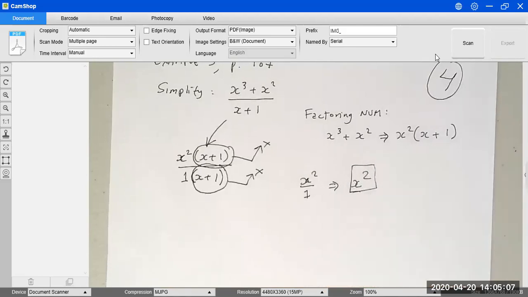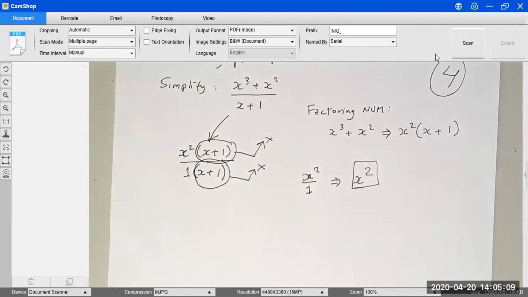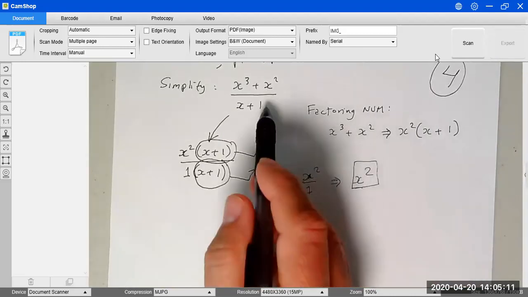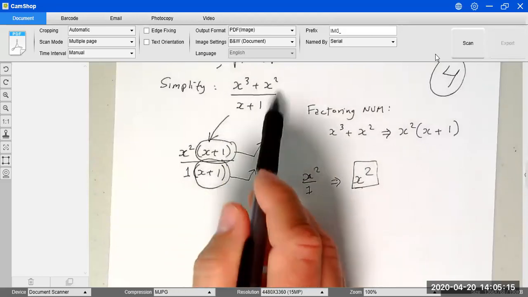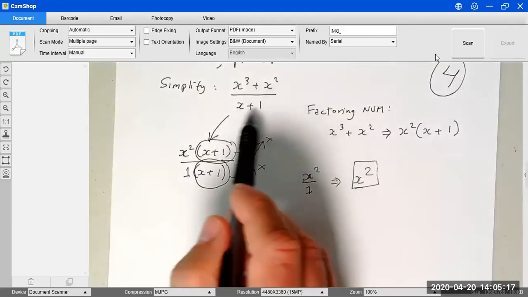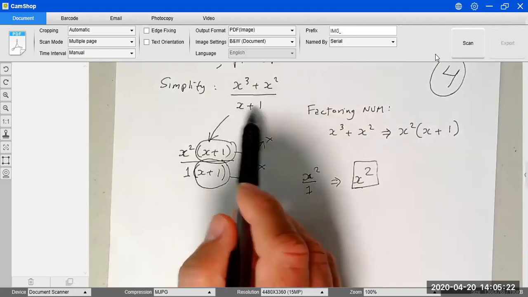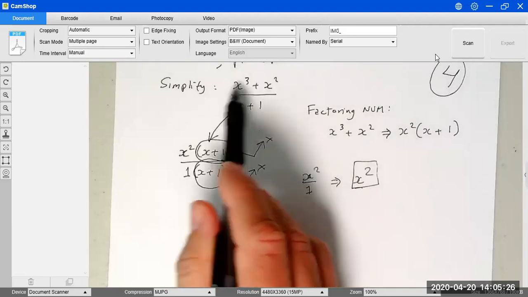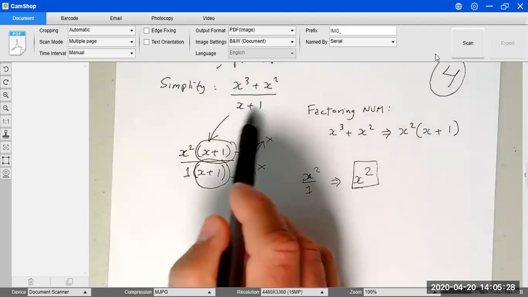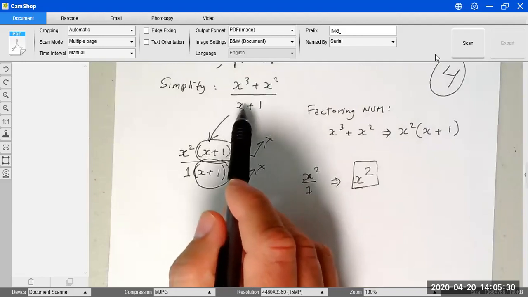So that's the simplified version of the original rational expression. You can see here that the original rational expression cannot take a number. What number? It cannot take -1. -1 is a restriction because -1 plus 1 is going to be 0 here, so it's going to make this rational expression undefined.